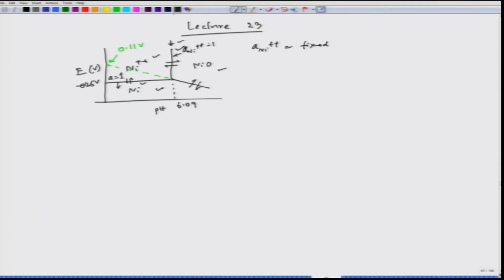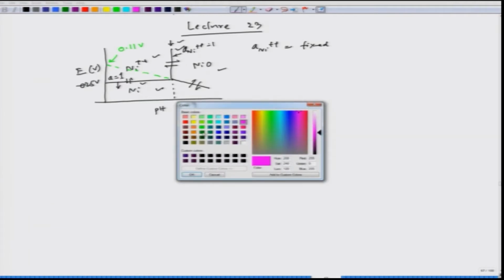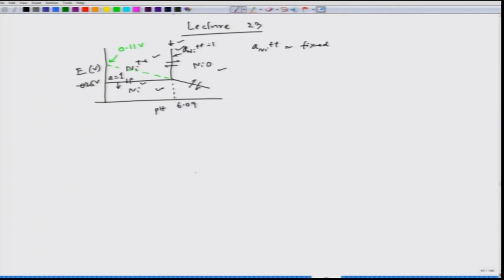Now, if we choose a color, let us say this red color, in this region I could see nickel plus plus. We can get nickel plus plus at any potential and pH coordinate in this particular section covered by this particular boundary.